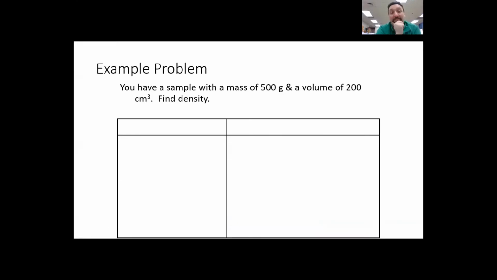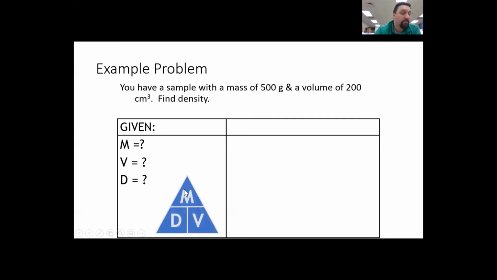Now I want you to do one. You have a sample with a mass of 500 grams and a volume of 200 cubic centimeters. Find the density. First, I need you to find the mass and volume. Well, our mass is 500 grams and our volume is 200 cubic centimeters.